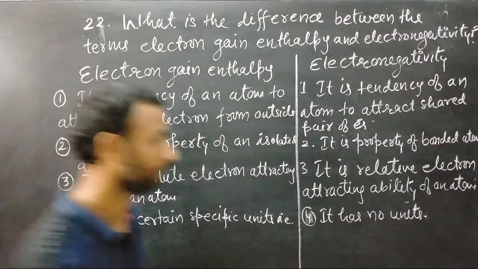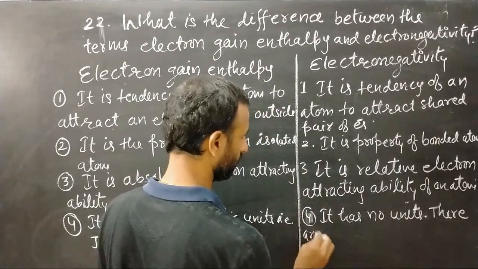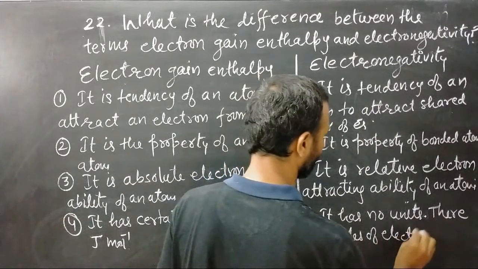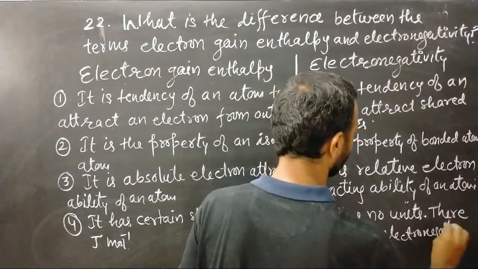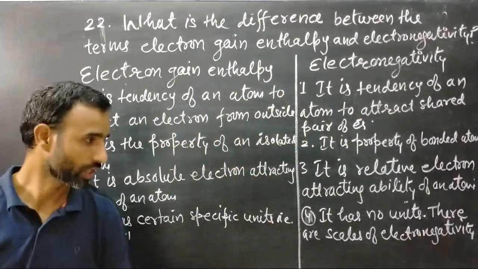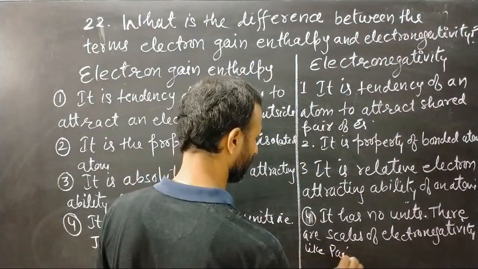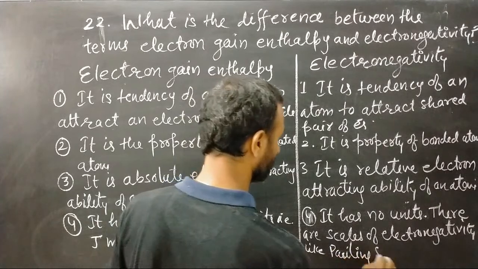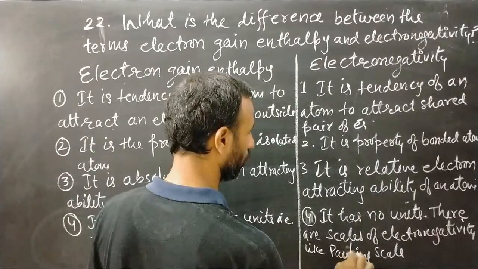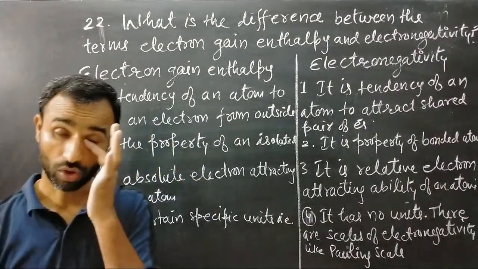There are scales of electronegativity like Pauling scale, Mulliken scale, or Rochow scale.